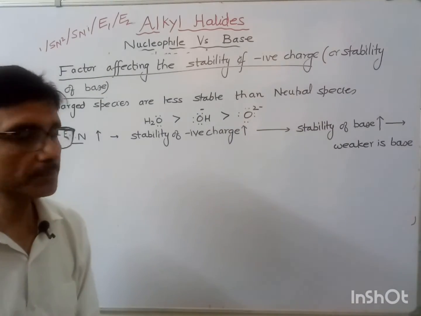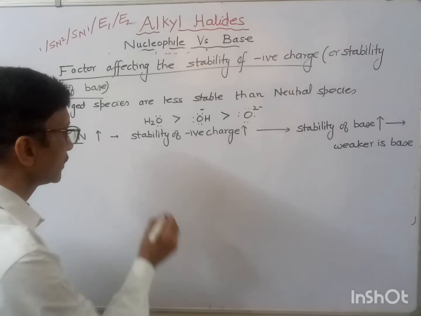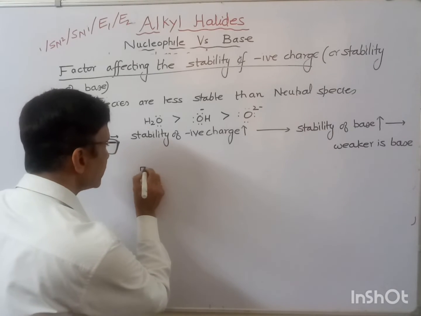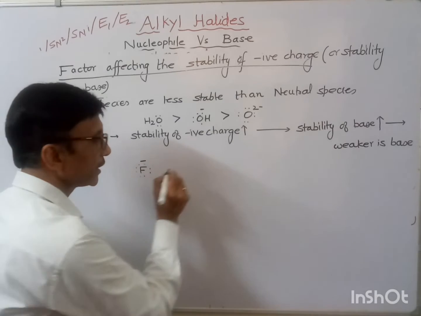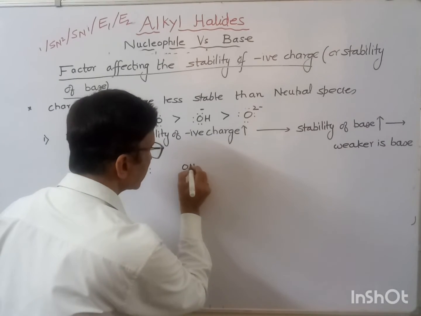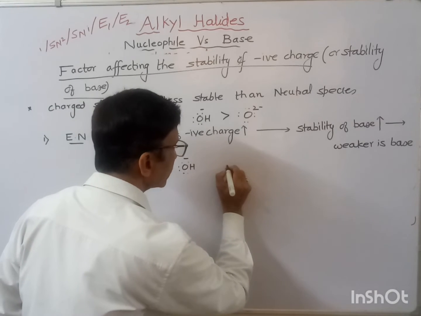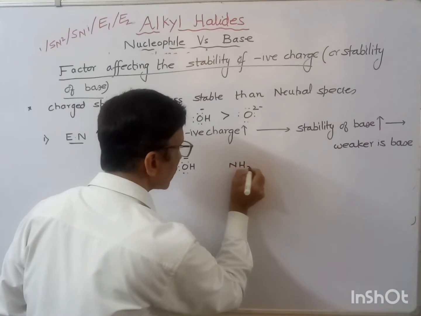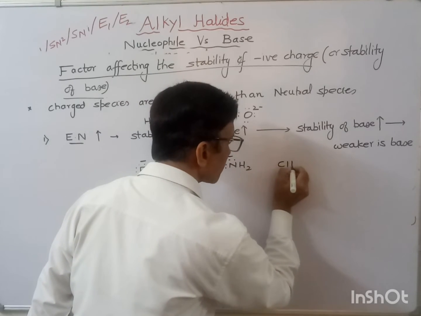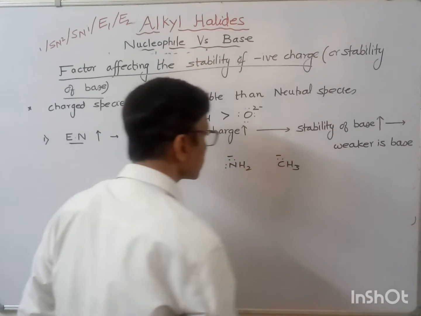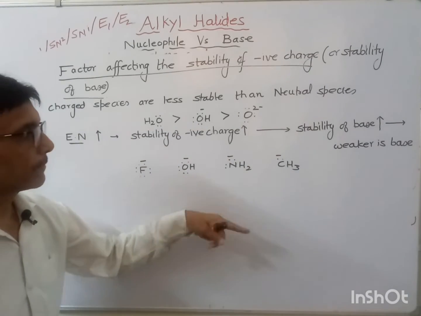For example, I have written four acid-base reactions previously. What are the various negative charge base species? Fluoride ion, hydroxide ion, NH2 minus, and CH3 minus. Out of these four species, which is most stable?